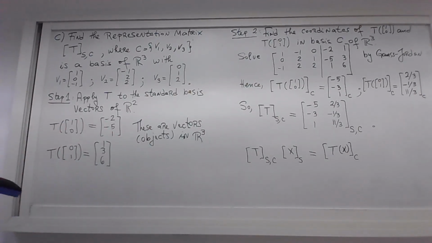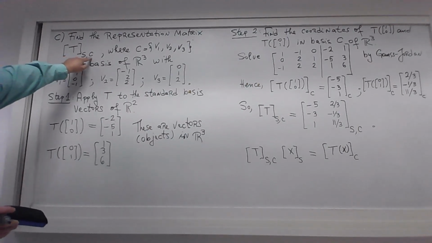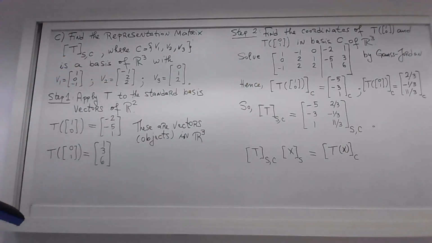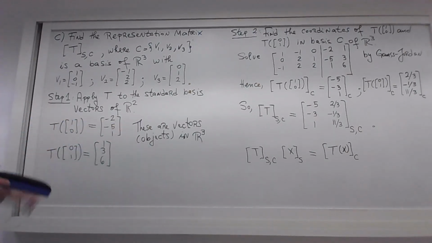Now what we want is a representation matrix relative to basis S, the standard basis, for inputs, and basis C for the outputs, for the codomain. Okay, so what next? We got the images, which are the vectors, but that's not what is asked.